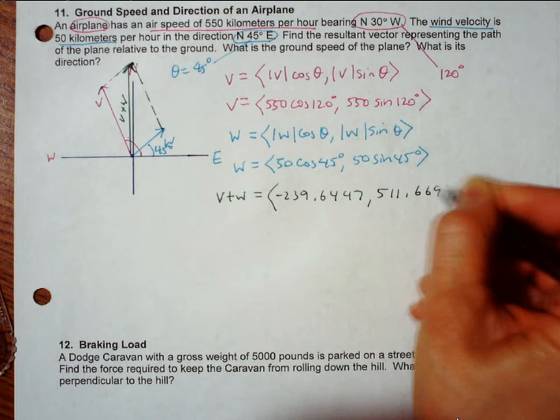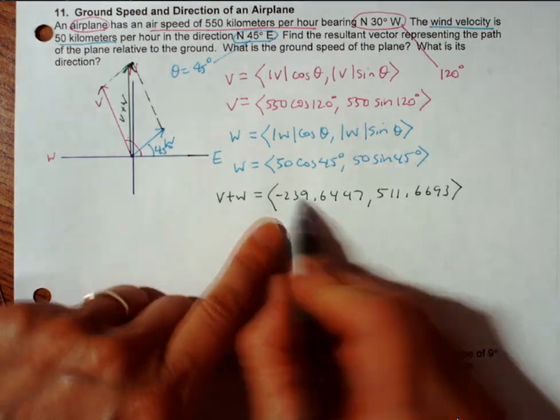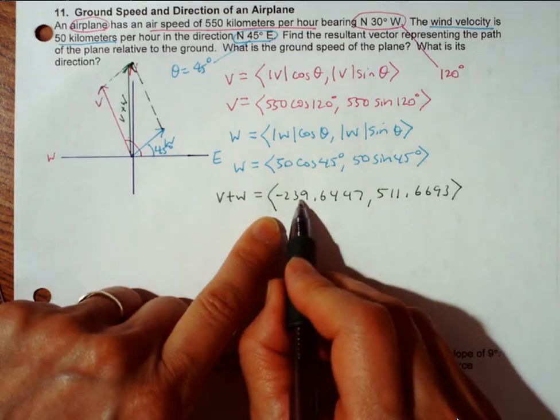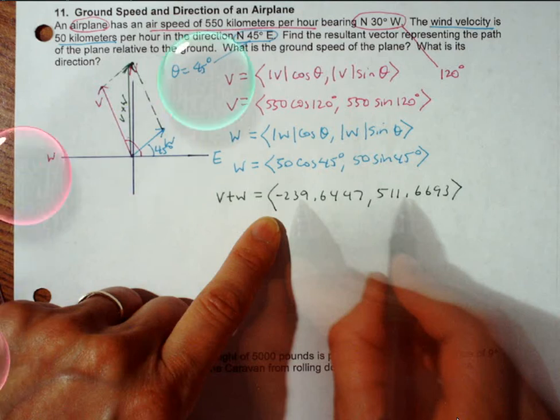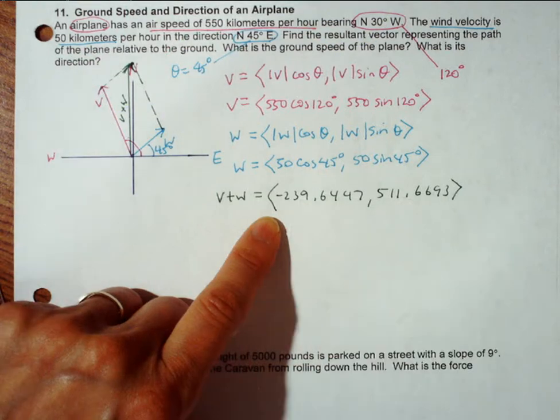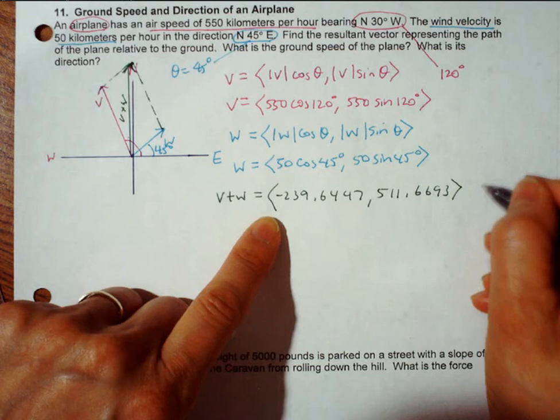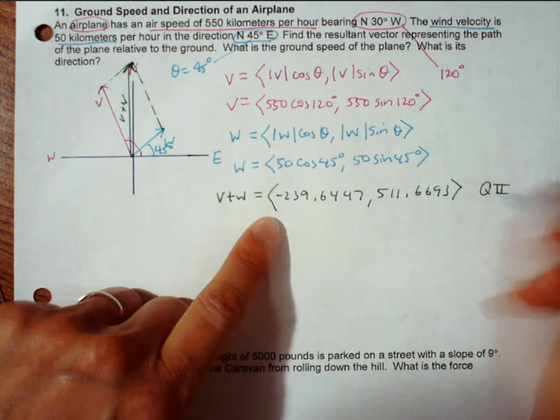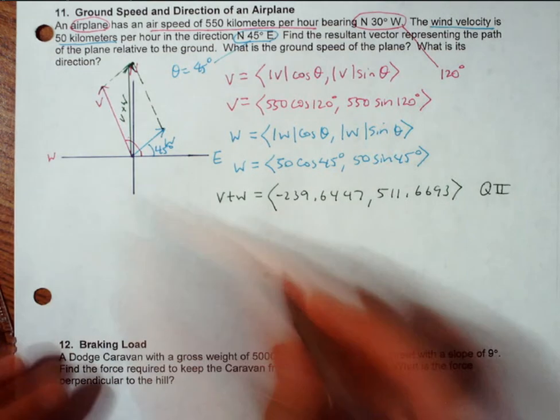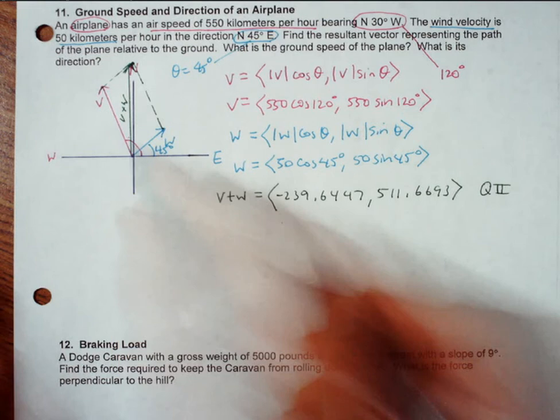Okay, so what this tells me is that it's going to be negative x component and positive y component, so it's going to be in quadrant 2. So this lands in quadrant 2. Right, so my diagram is slightly off, but I'll fix that when I redraw that.